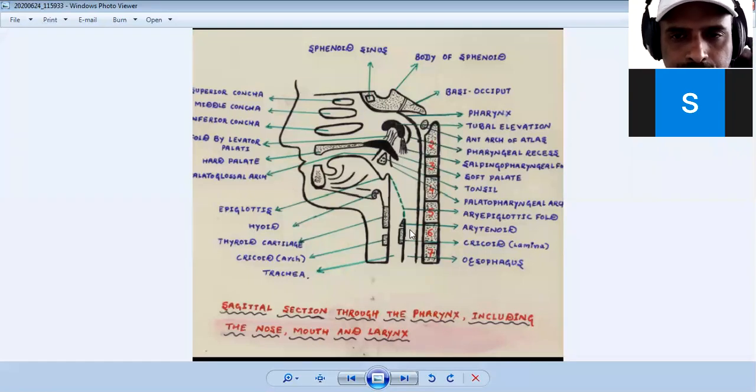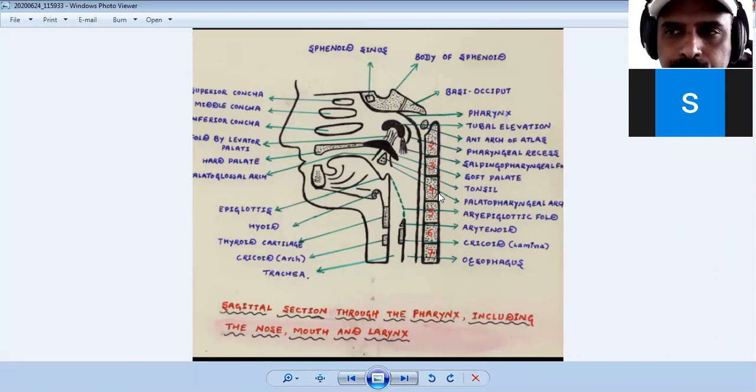Then inferiorly, the pharynx continues as the esophagus at the sixth cervical vertebra. So you are going to get the sixth cervical vertebra, below which the pharynx will be continuous with the esophagus. Posteriorly, it glides over the prevertebral fascia and is separated from the cervical spine.